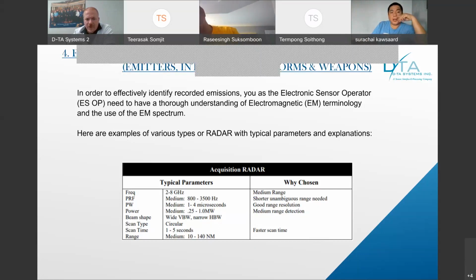Scan types are normally circular with a scan time of normally 1 to 5 seconds and a range of anywhere from 10 to 140 nautical miles. So why they are chosen is for a medium range, a shorter unambiguous range, good range resolution, and medium range detection.